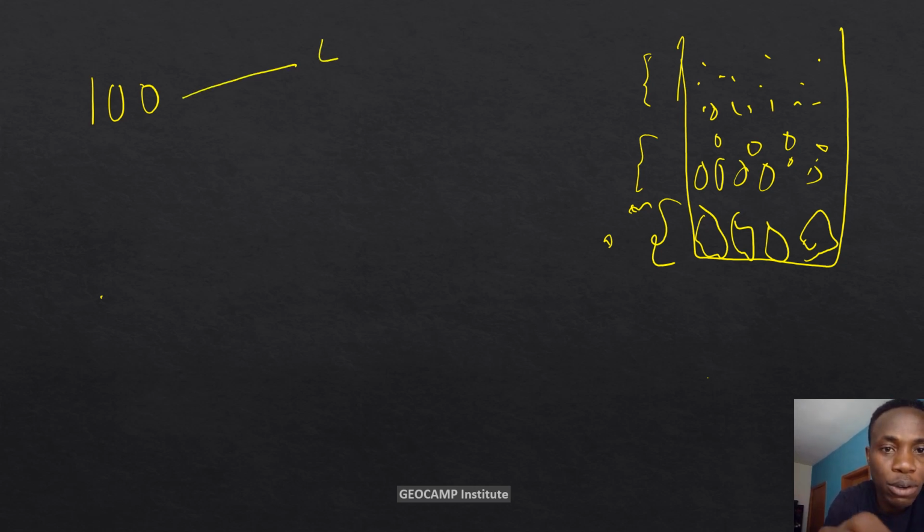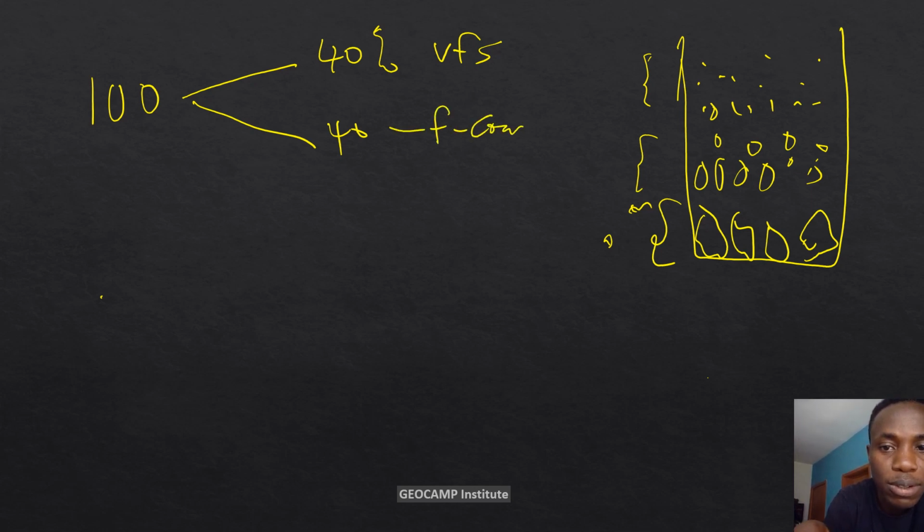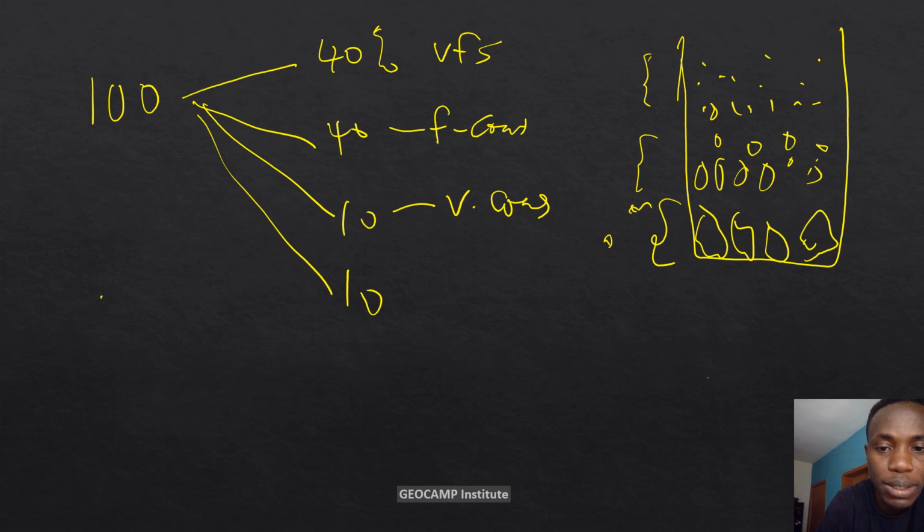Of that 100%, let's say 40% are suspension, or rather very fine sands, or clay to very fine sand, and then another 40% are fine to coarse sands, and then let's say 10% are coarse to very coarse grain sizes, and the remaining 10%, let's assume, are just gravelly sizes.